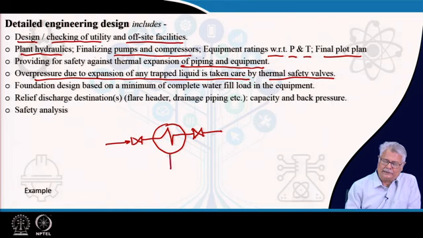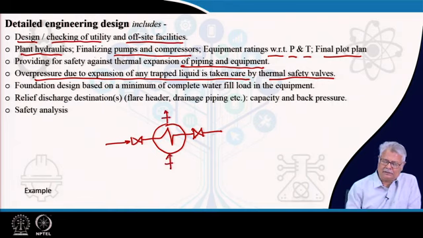Now, the shell side possibly is the hot fluid. This is the hot fluid, and this is, say, cooling water coming in, and the hot fluid gets cooled here and leaves here. You have isolation valves here as well.